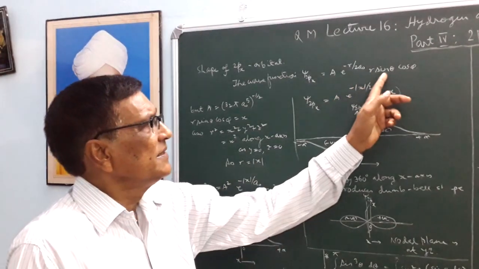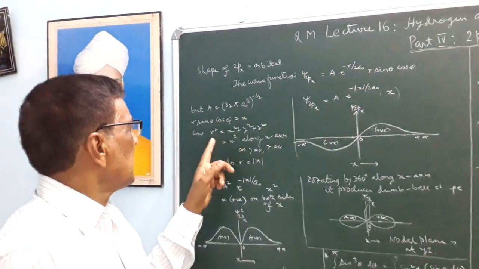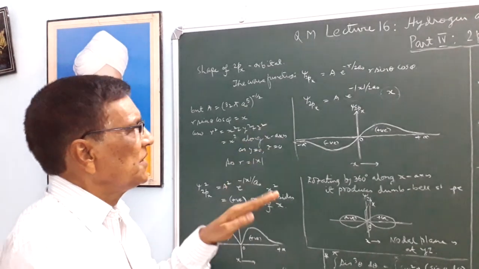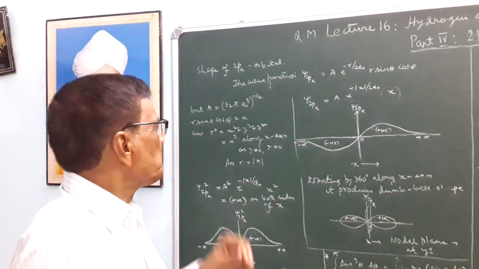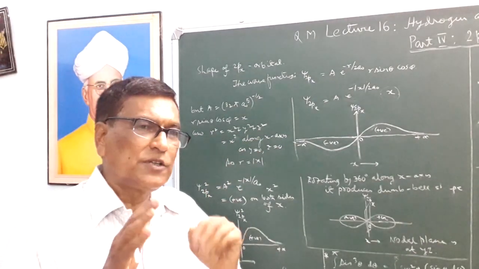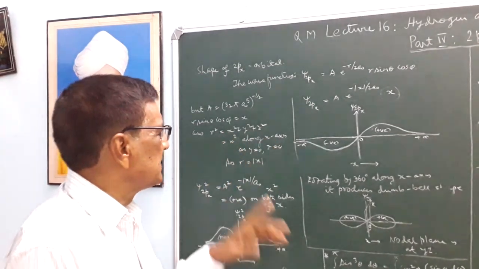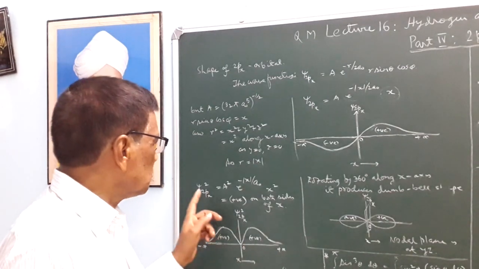Then r sin theta cos phi equals x, and r squared equals x squared plus y squared plus z squared. If we consider the x axis, then y and z both are equal to 0. In that case, r squared equals x squared along this x axis, and so r equals modulus of x.